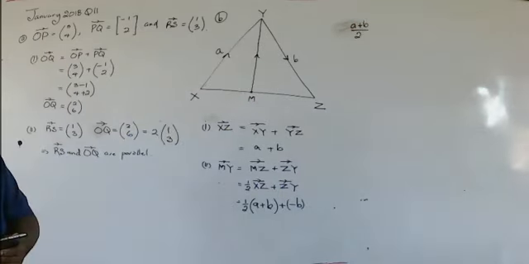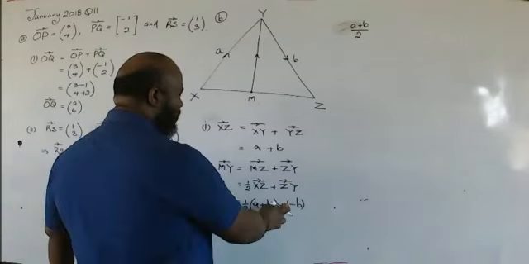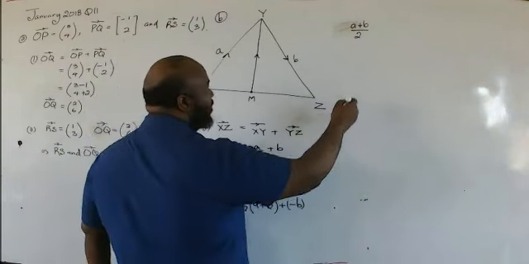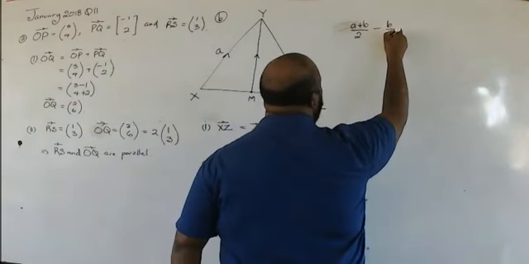Multiplying by a half is the same as dividing by 2. A positive times a negative is negative, so this is minus b over 1.